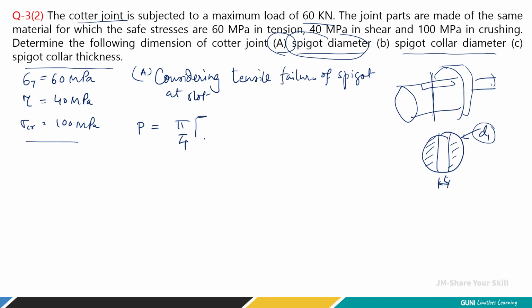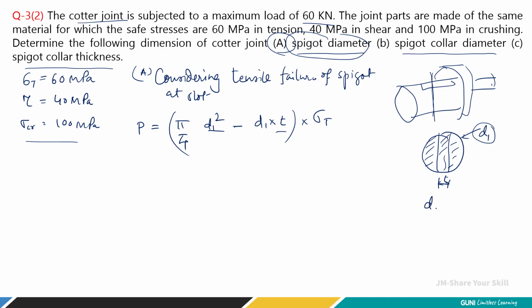In our case, area is the complete solid circular area, pi by 4 D1 square. Then we subtract this rectangle area, which is D1 into t. So multiply by sigma t. Now here, because two variables are unknown to us, we have to take a relation.